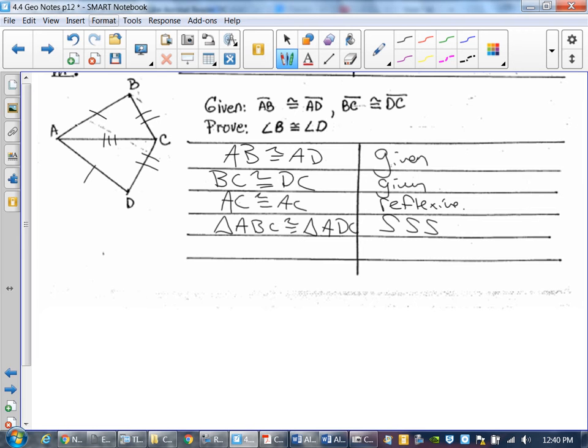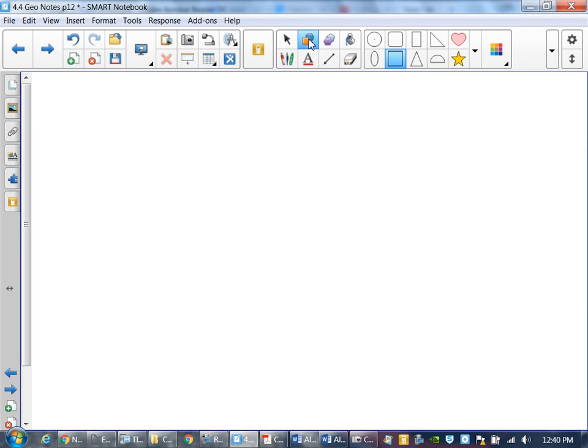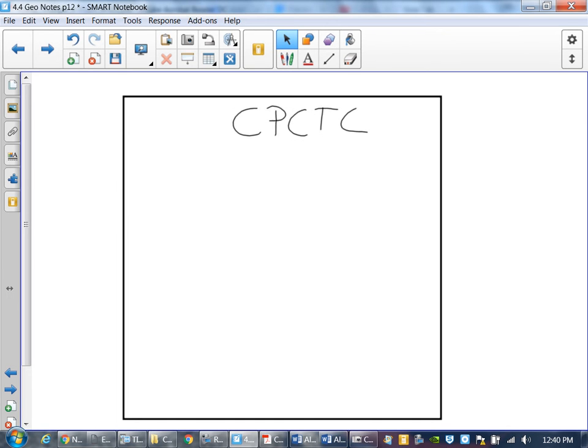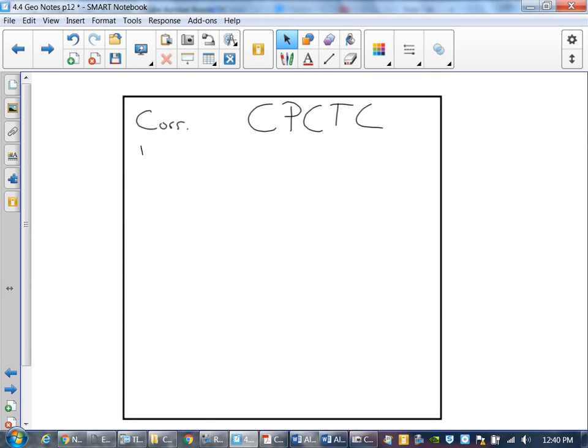What happens when you get two triangles congruent? What happens once you get two sets of triangles that are congruent?